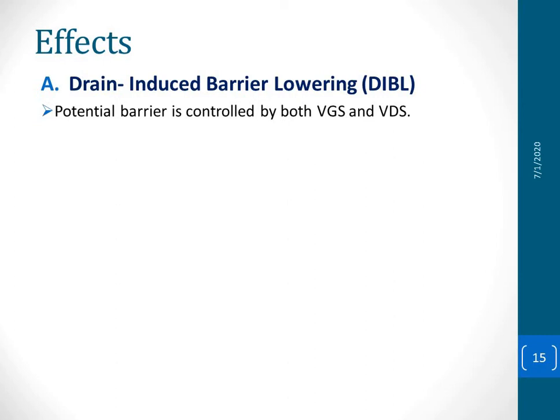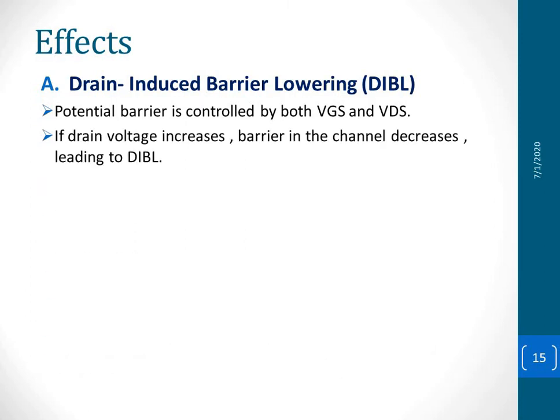That is controlled by either VGS or VDS. That's why we give the supply at the gate source and we give the supply at the drain source. So if drain voltage increases, the barrier in the channel decreases, leading to drain induced barrier lowering.